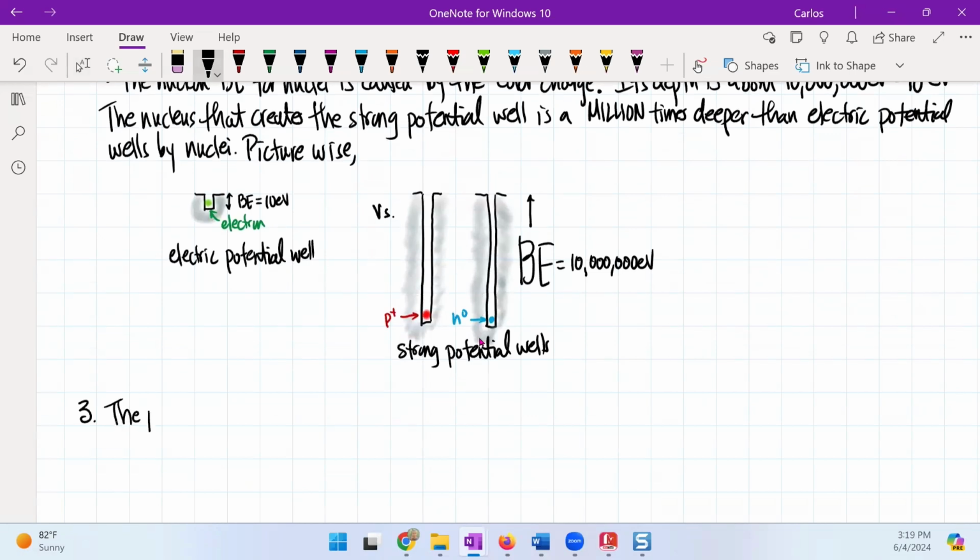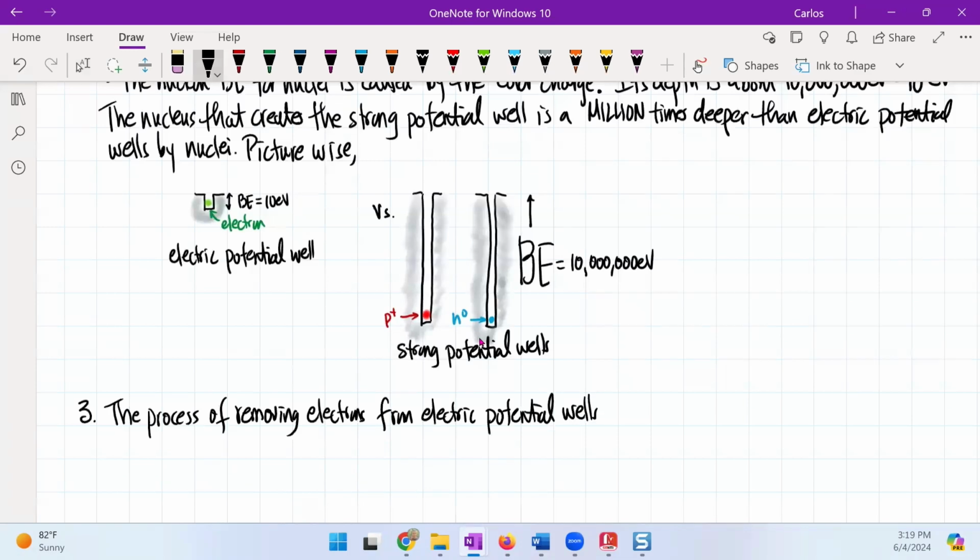The process of removing particles, let me be more specific, electrons from electric potential wells is called ionization.